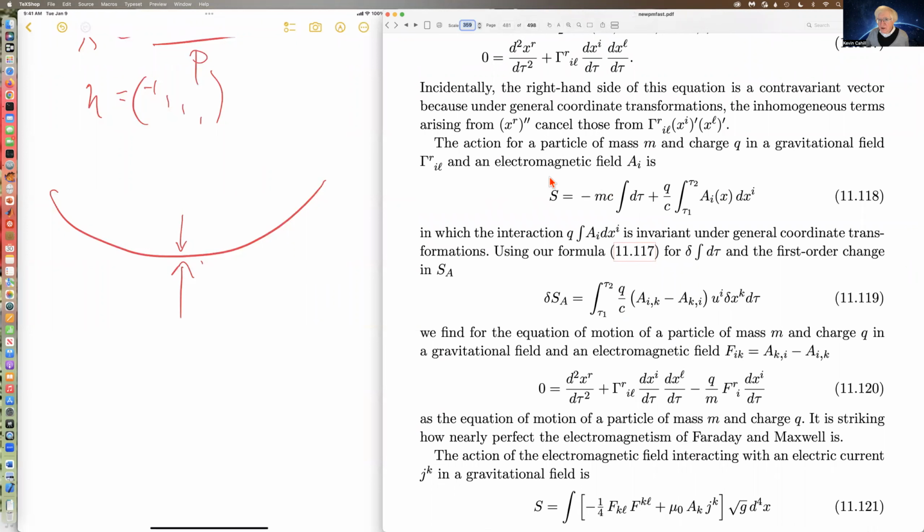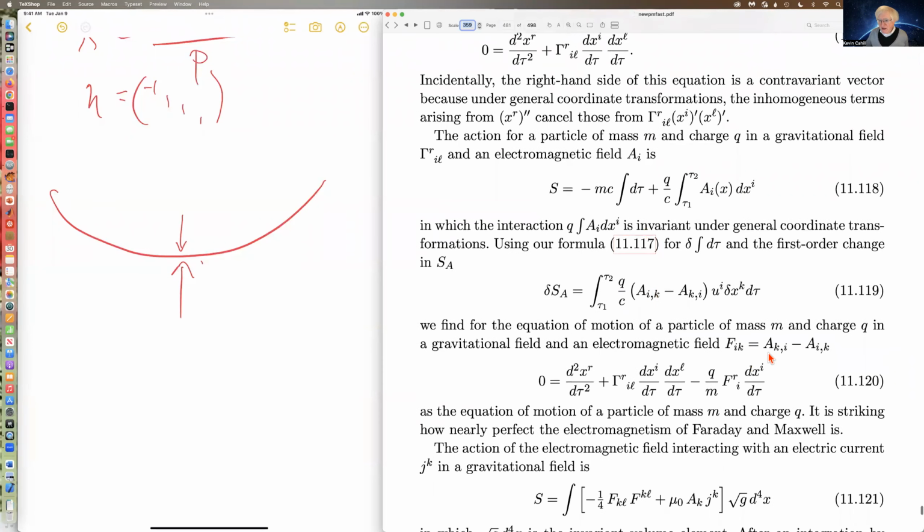If you consider the particle falling in an electromagnetic as well as a gravitational field, then one has to add into the action Q over C AI dxi. Notice that this is a very simple expression, and it's generally covariant.